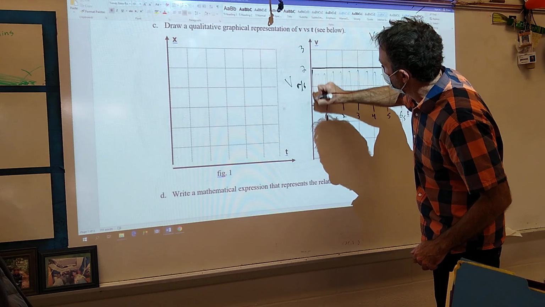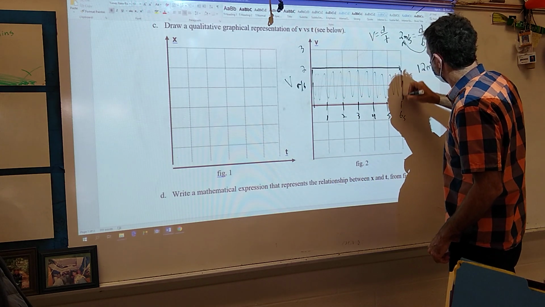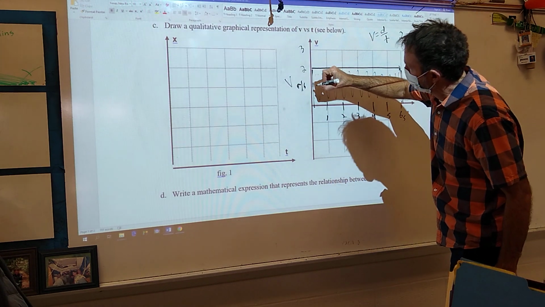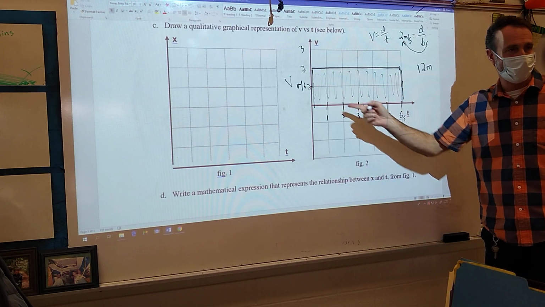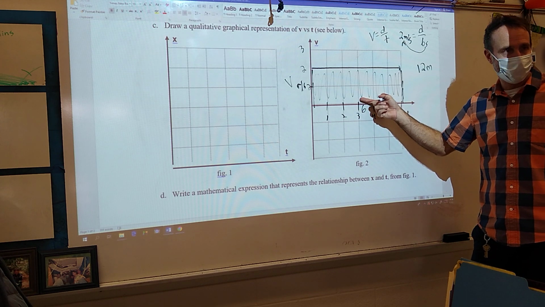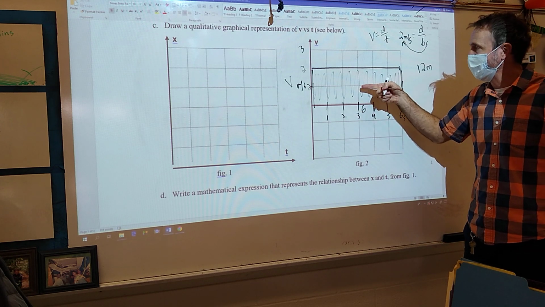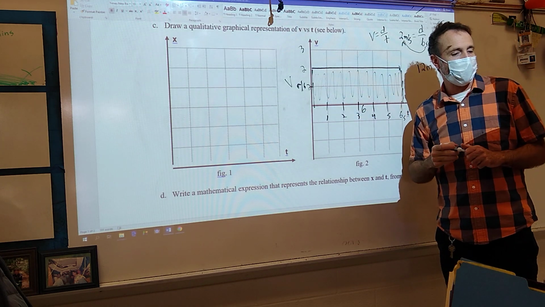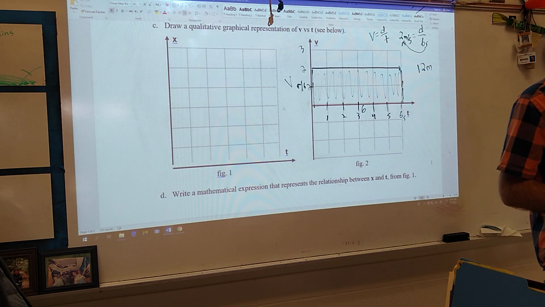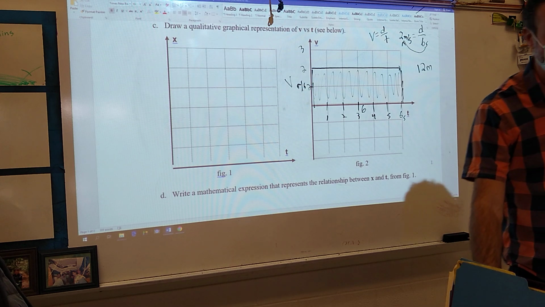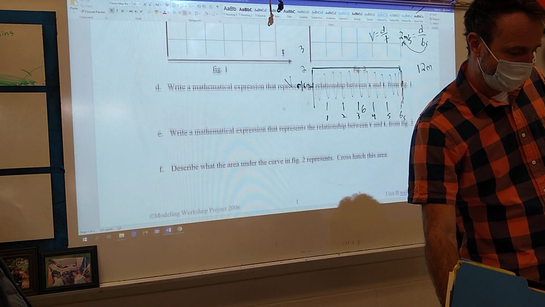This shape makes a rectangle. And this rectangle is 2 by 6 in my made up one. What's 2 times 6? 12. So the area under the line on a velocity over time graph is equal to the distance traveled. That is a note that you will need to use for the rest of this chapter.